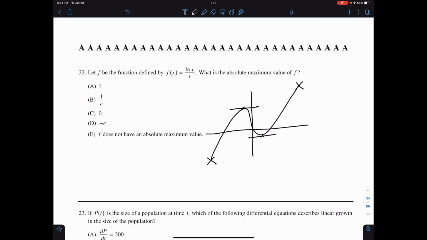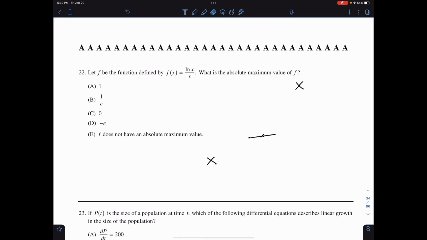And the reason we need to do this is if instead of a graph that looked like this, we had something that looked like that, well now at the endpoints, it's not very large, but the maximum occurs at this critical point. So we need to test the endpoints and the critical points and see which one gives us the largest value.